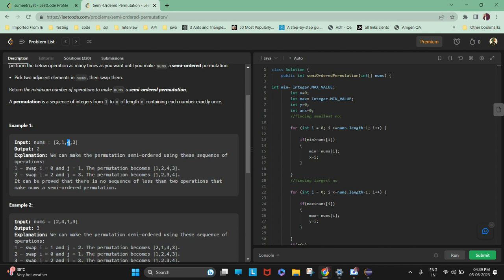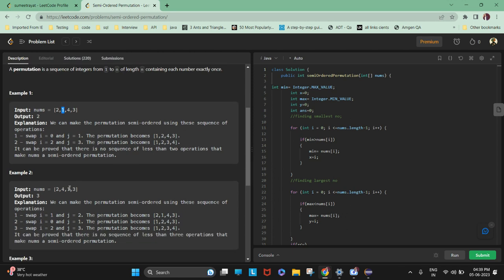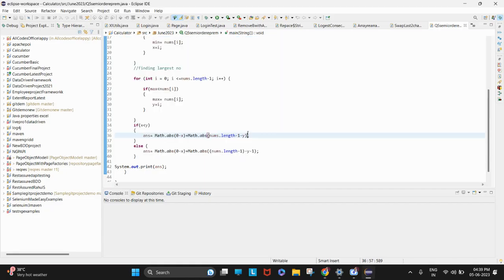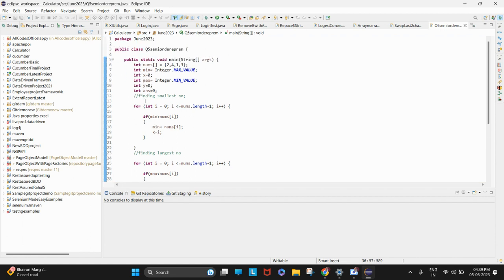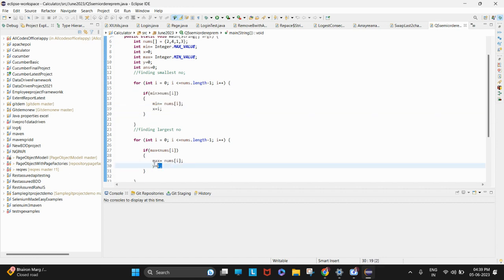If x is less than y, where x is the index of the smallest element, then similarly, if x is greater than y, the index of the largest element, the smallest element's index minus 0 remains the same, and n minus the largest index minus 1, because one swap has already occurred. So after iterating the loop over nums, you have to find the index of the minimum element and the index of the largest element.